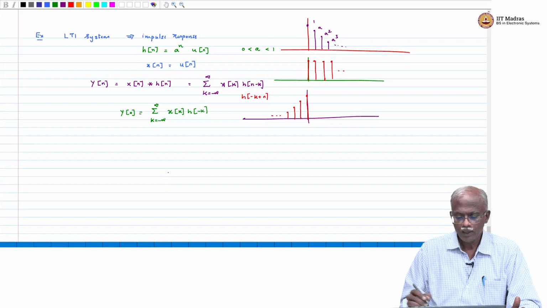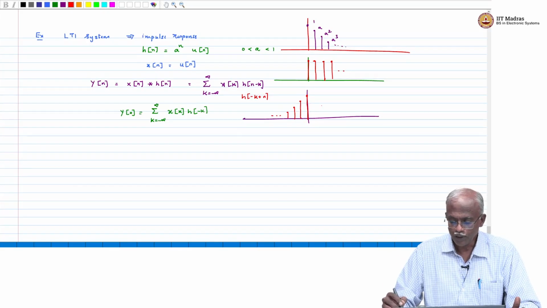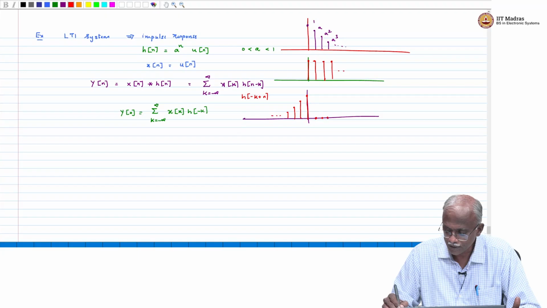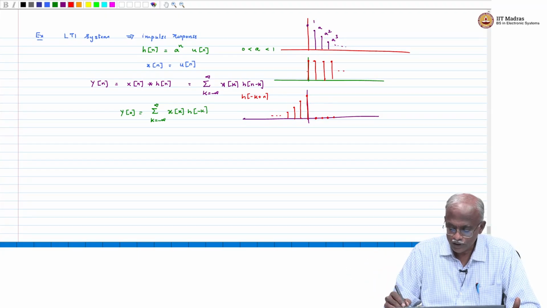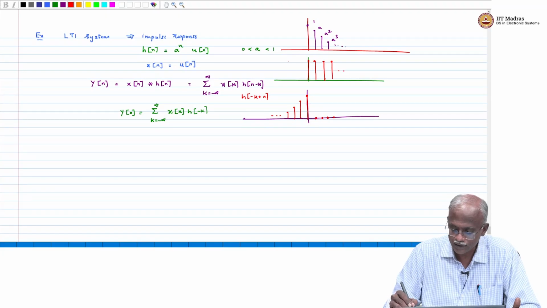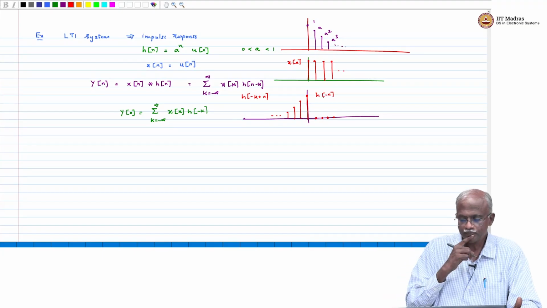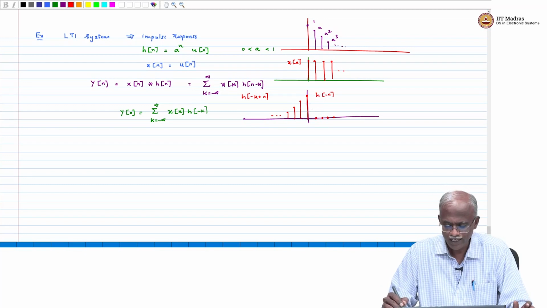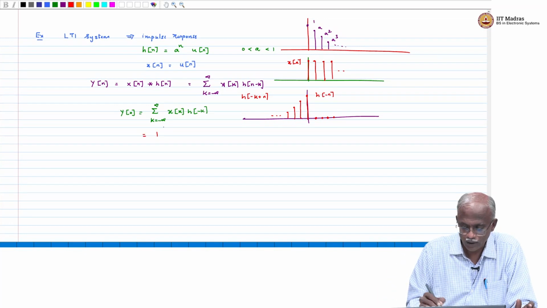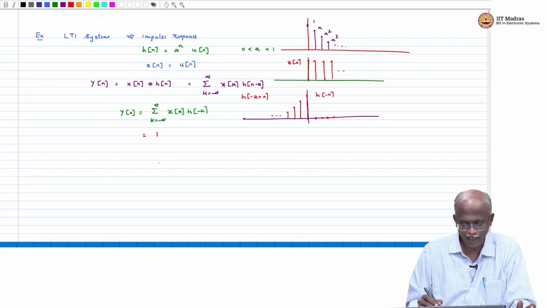Okay. What is the product? There are zeros here, because x of n basically starts at u of n. So, the first sample here, this is x of k, this is h of minus k, and this is what we have. The product of these two will be equal to 1. Okay, this is the one sample here, one here. That's what we will have.